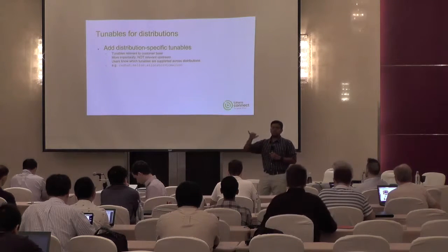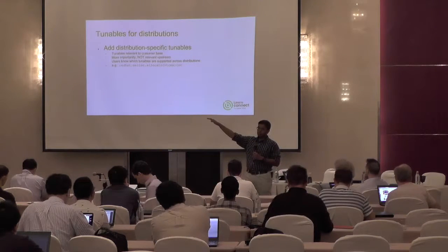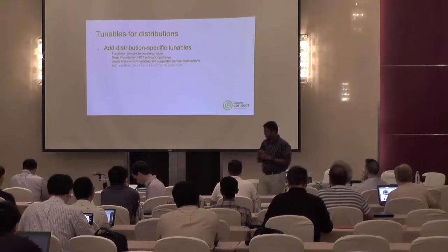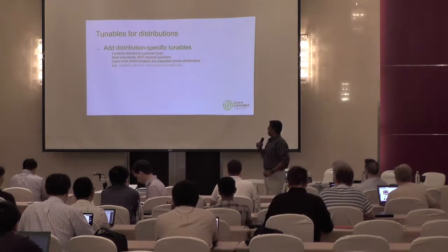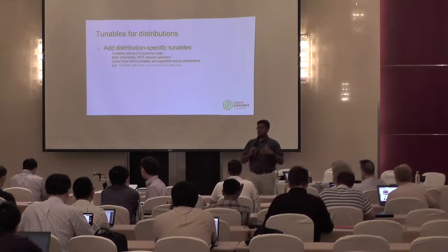The moment it becomes useful to anyone else and becomes fit for mainline, that's a top level namespace, a glibc namespace tunable. So as users, we would know that these tunables are not available in all distributions.